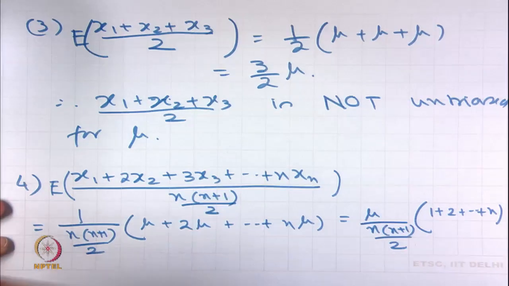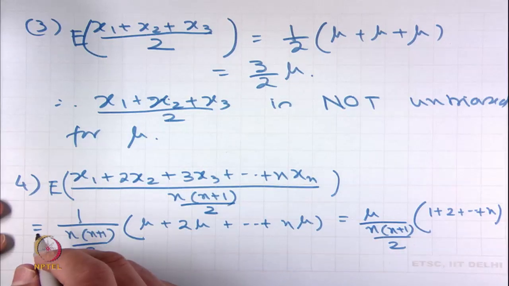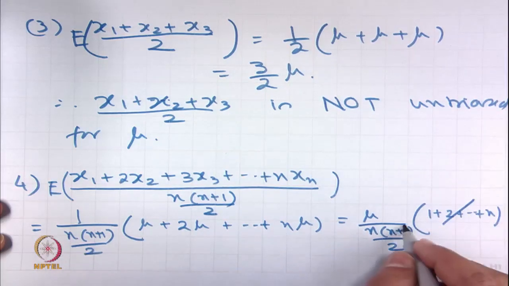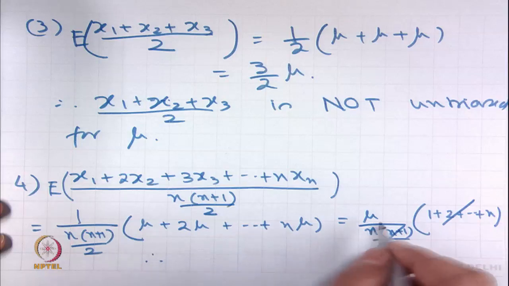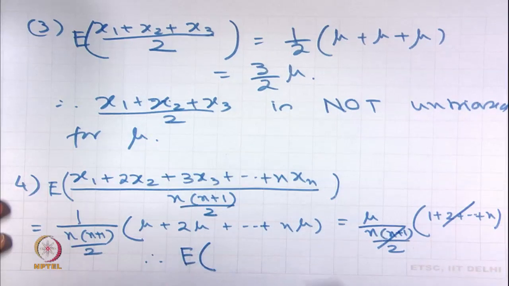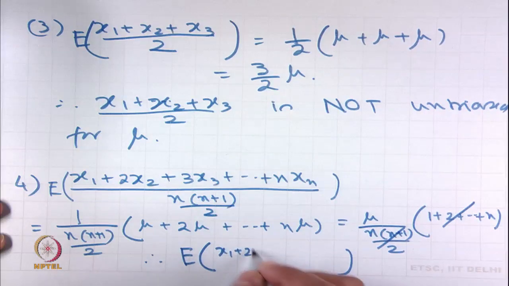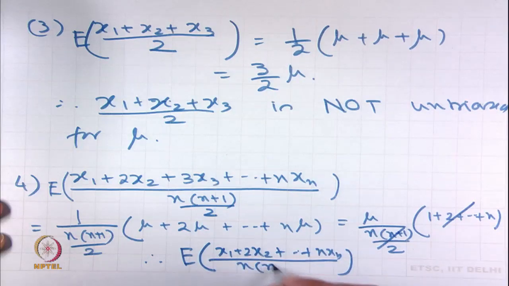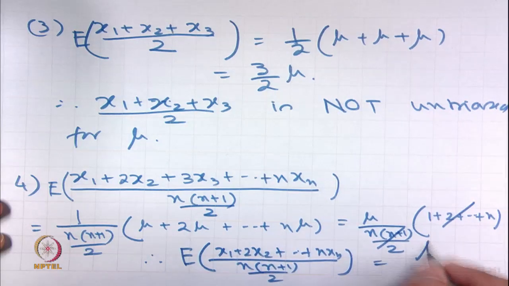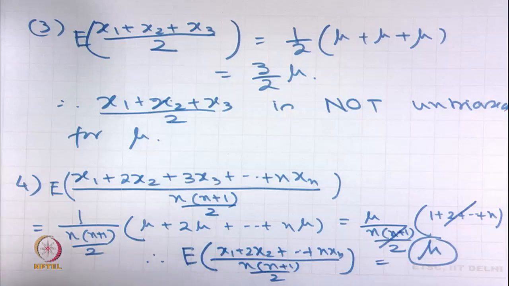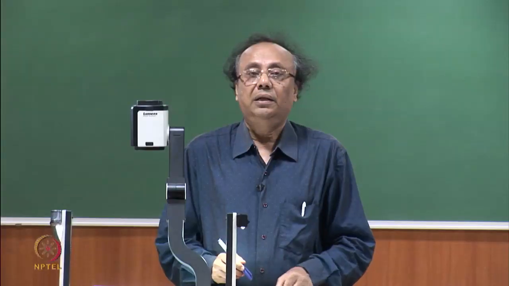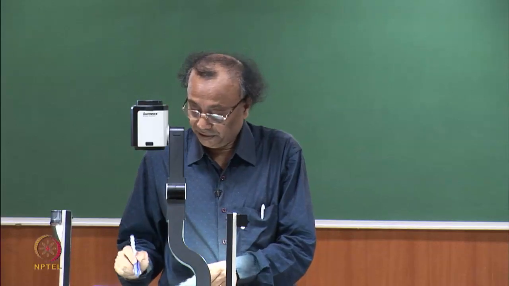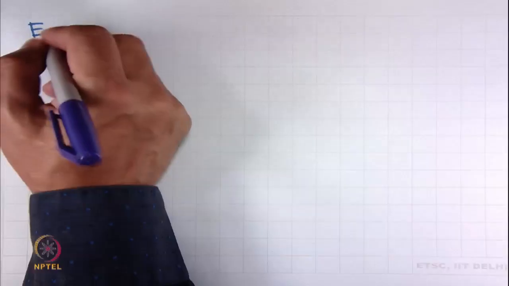And we know that the sum of first n natural numbers is n into n plus 1 by 2. Therefore, this cancels with this. Therefore, the expectation of x1 plus 2x2 up to n xn upon n into n plus 1 by 2 is equal to mu. Therefore, this is also an unbiased estimator for the population mean mu.